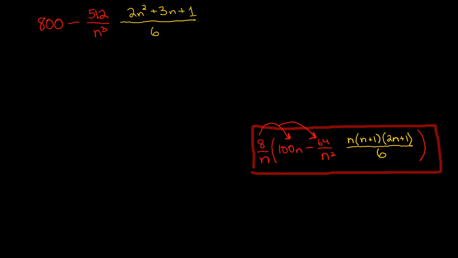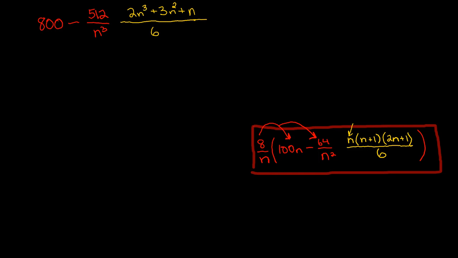Oh, wait, but not so fast, because I forgot you also have to multiply by this n. All right, so basically all those powers are going to get bumped up by 1. So that should be an n cubed, that should be an n squared, and that should be an n. So this will be an n squared.